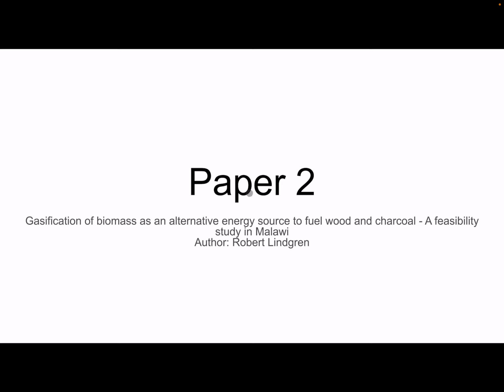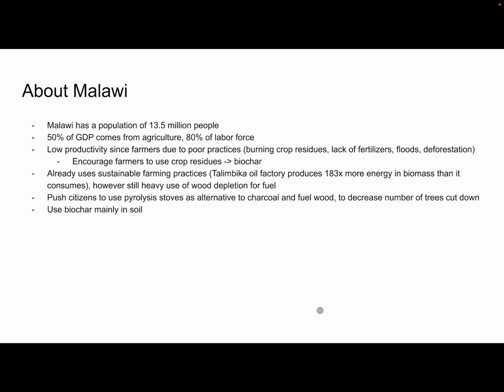So next I'm going to move on to the second paper, which talks about the gasification of biomass as an alternative energy source to fuel wood and charcoal, and it's a feasibility study in Malawi. So first, this paper starts by introducing a little bit about Malawi. Malawi has a population of around 13.5 million people, not billion, and a large percent of the GDP and labor force is involved in agriculture.